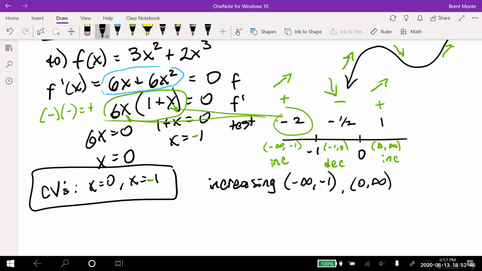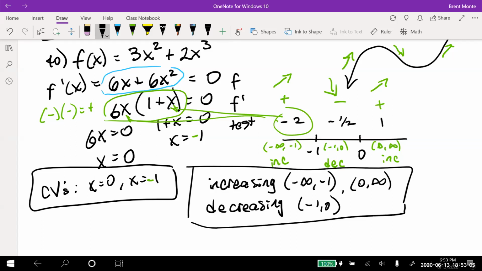I'm just going to put a comma there. Sometimes they put the little union symbol for or. Just do it however your author does it. And it's decreasing just between x equals -1 and x equals 0. Remember, those are x values. When we talk about intervals, we always just list the x values.